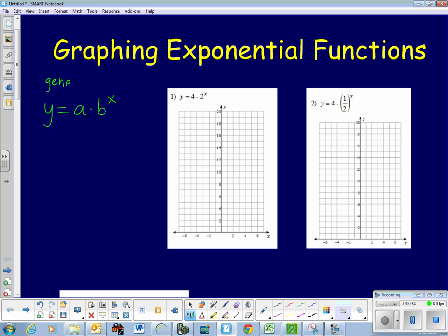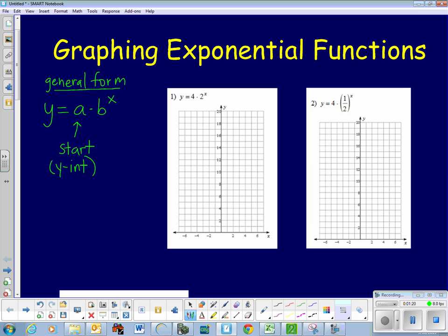let's call this general form or standard form. The equation has two parts other than the y and the x, the two variables. The a and the b, these parameters are going to determine some things about our graph. A is the y-intercept. It's like the starting point.